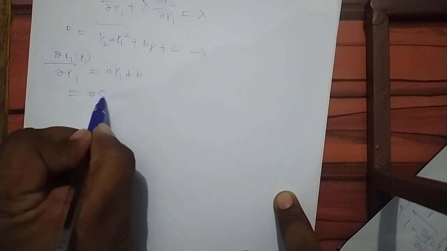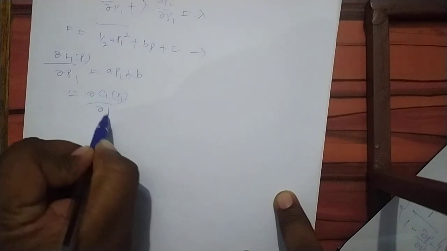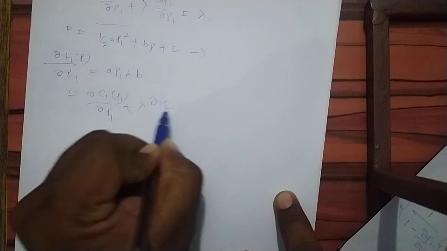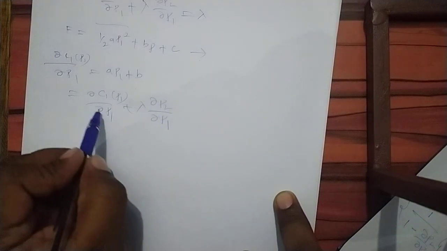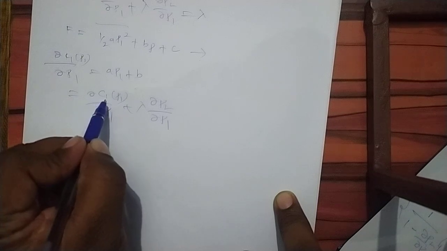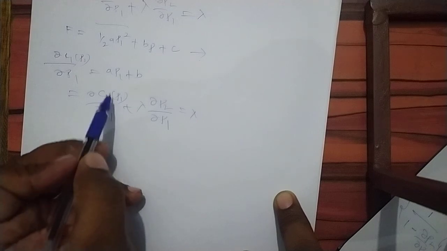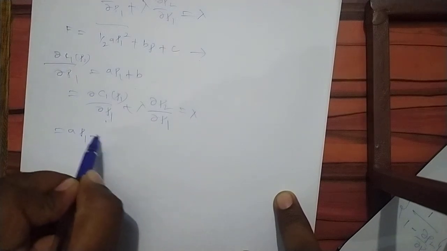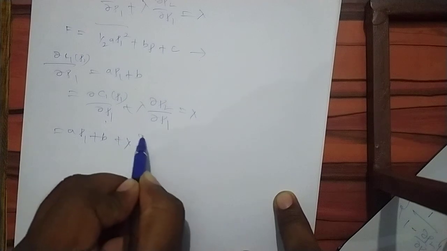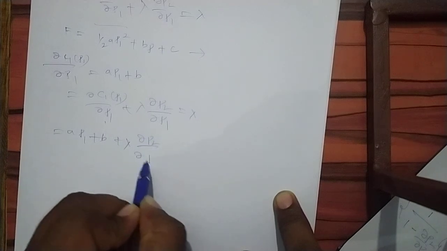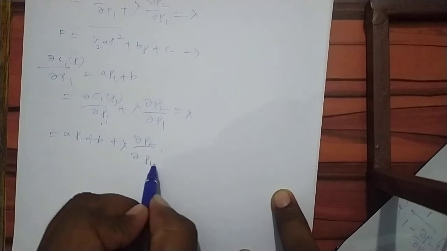I will replace dou C1 divided by dou P1 in the previous expression by a P1 plus b, and the remaining part stays as it is: a P1 plus b plus lambda dou PL divided by dou P1 is equal to lambda.